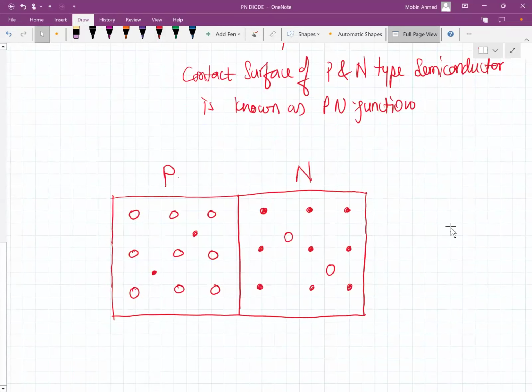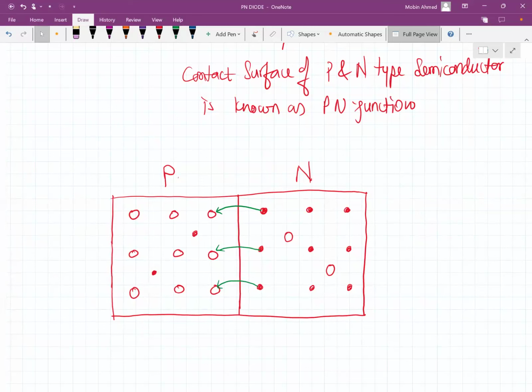thereafter, the electron is going to move from here. It will cross this junction and fall on the holes like this. So these electrons will move and fall on the holes.